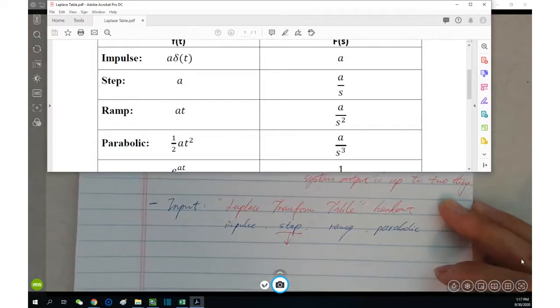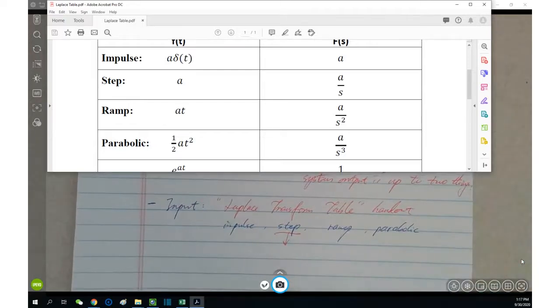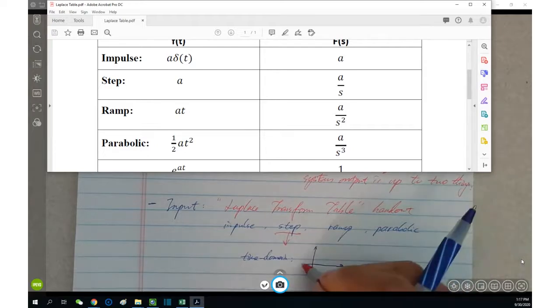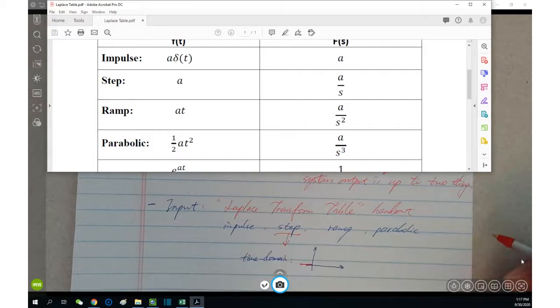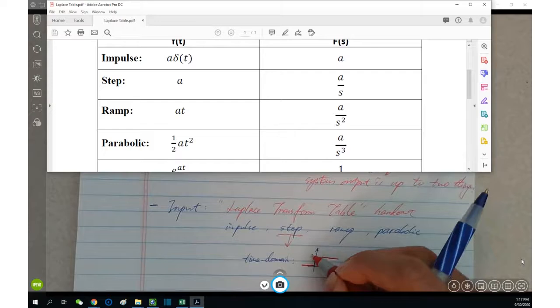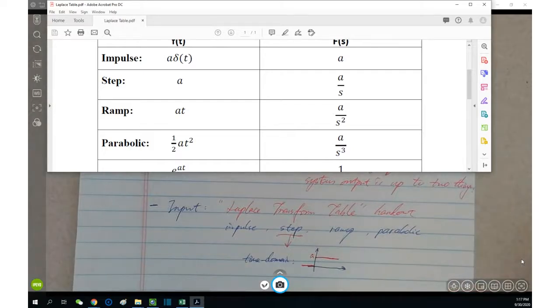You just use the step. And from this table, we can also tell what the time domain step signal looks like: a constant, right? Zero when t is less than 0, and a constant value, say A, when t is equal to or greater than 0. This is the step signal, one of our midterm 1 multiple choice questions.